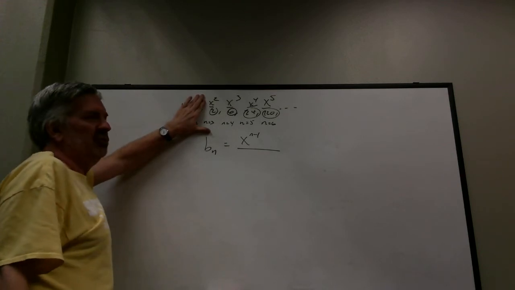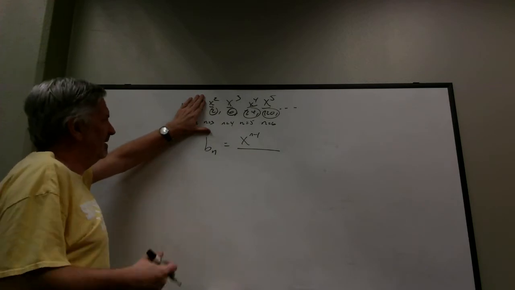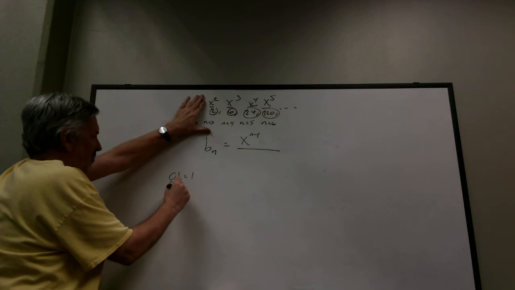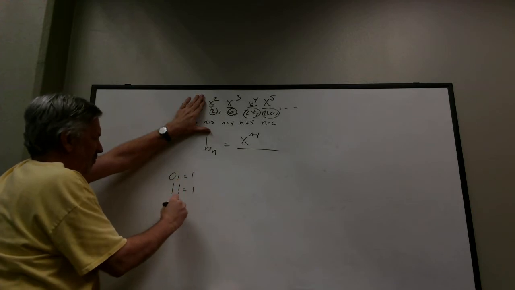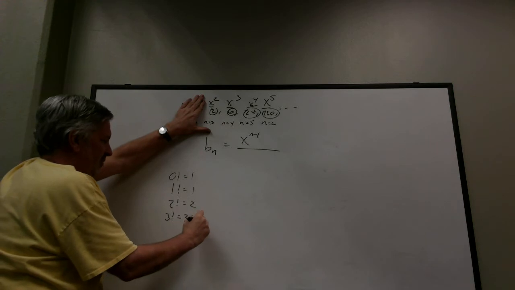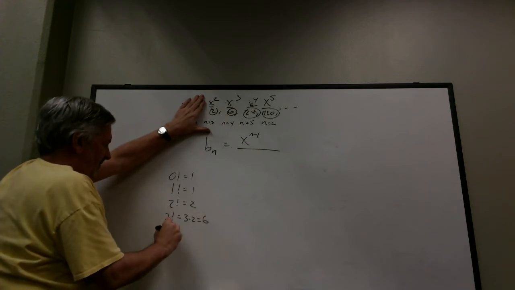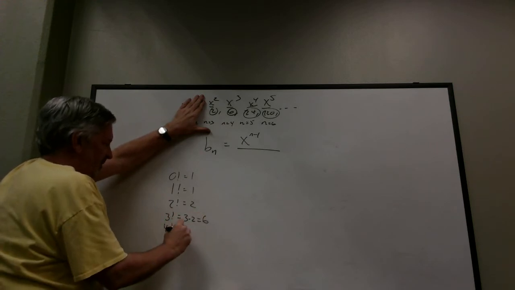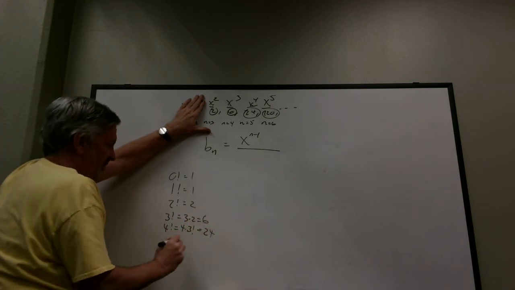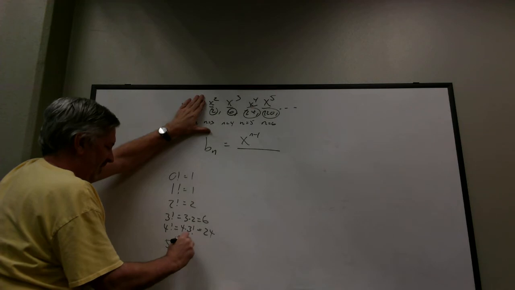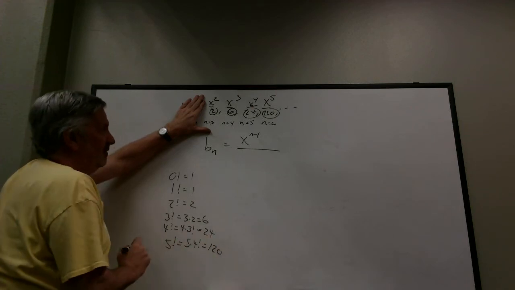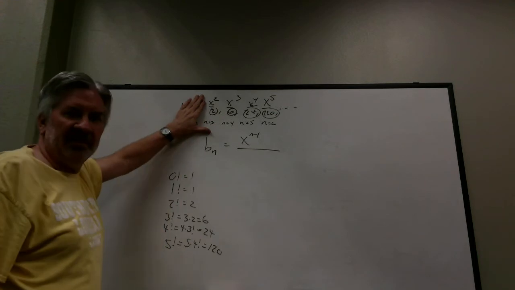So what you might want to do, because I recognize these numbers, right? 0 factorial is 1, 1 factorial is 1, 2 factorial is 2, 3 factorial is 3 times 2, which is 6, 4 factorial is 4 times 3 factorial, which is 24, 5 factorial is 5 times 4 factorial, which is 5 times 24, which is 120. Those are factorials, I recognize them.